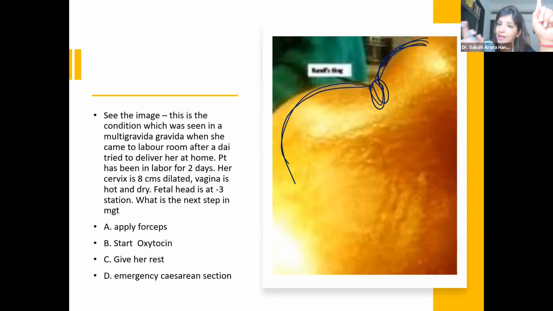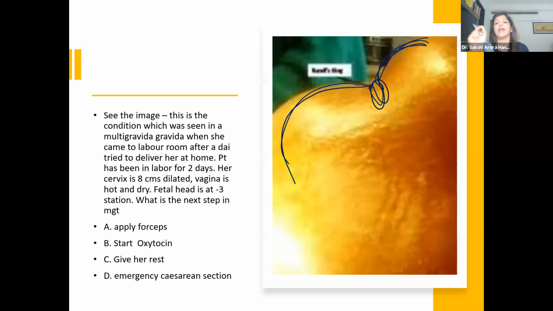Head is not yet engaged, although patient is 8 centimeters dilated, right? The time for engagement in a primigravida female is around 38 weeks of pregnancy, but in a multigravida female, it is at the onset of labor. This patient is a multigravida patient, and still she's 8 centimeters dilated, and still her head is at -3 station.